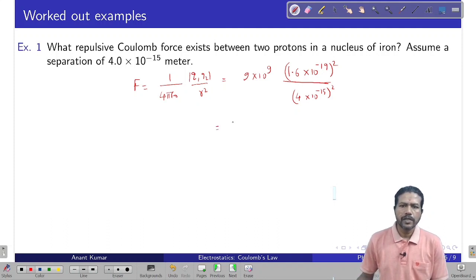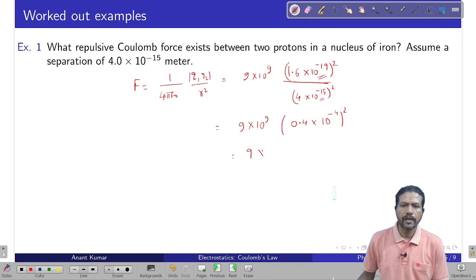If we do the computation, we have 9 × 10^9, and then 1.6 upon 4. We can take everything inside the square. So I get 0.4, and then 10^-19 and 10^-15 in the denominator, so I subtract, which gives 10^-4, and then square it.